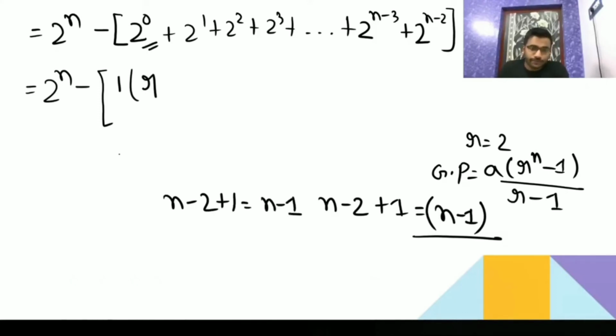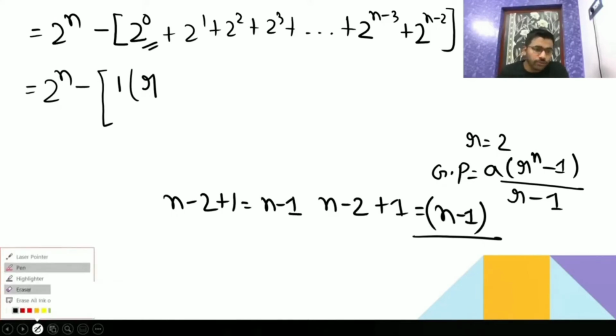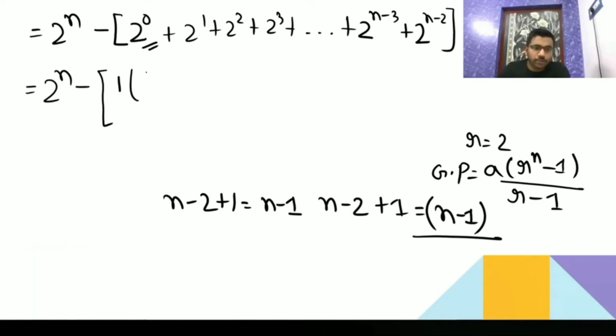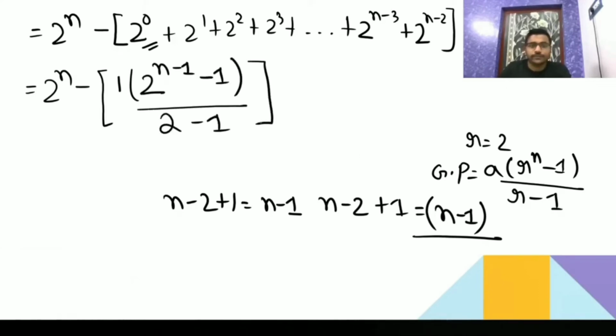So R is 2, so 2 to the power n minus 1 minus 1, then R minus 1 is 2 minus 1. Please let me know whether it is clear or not.